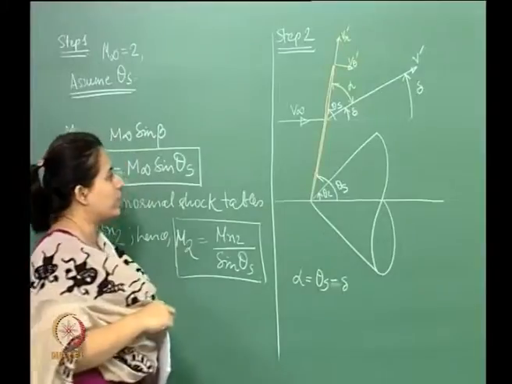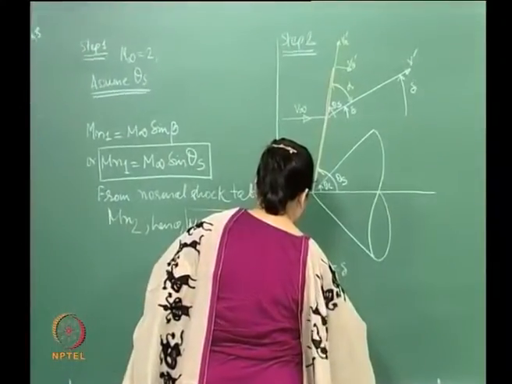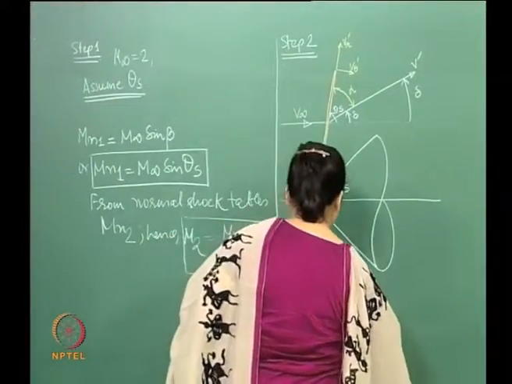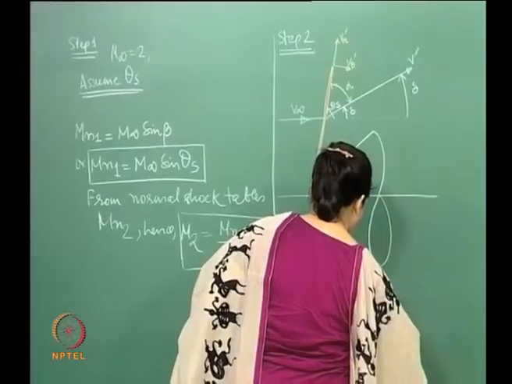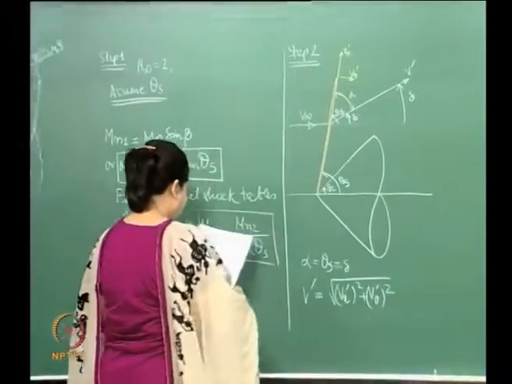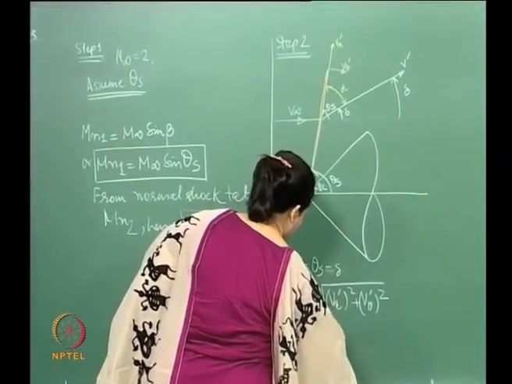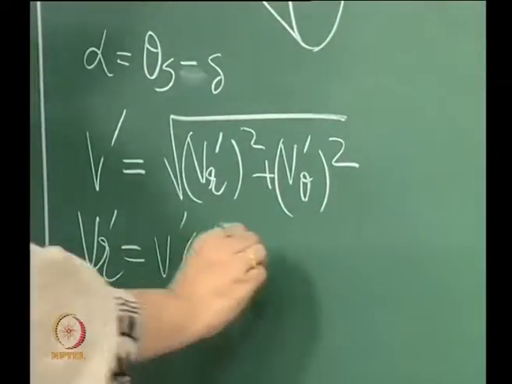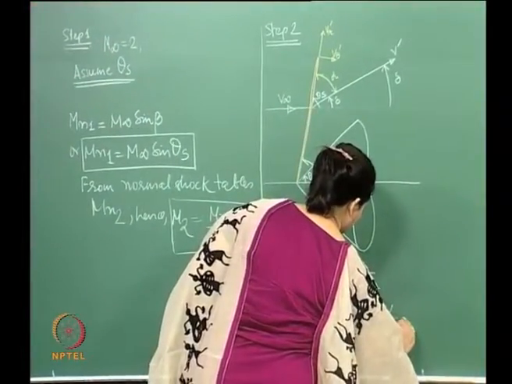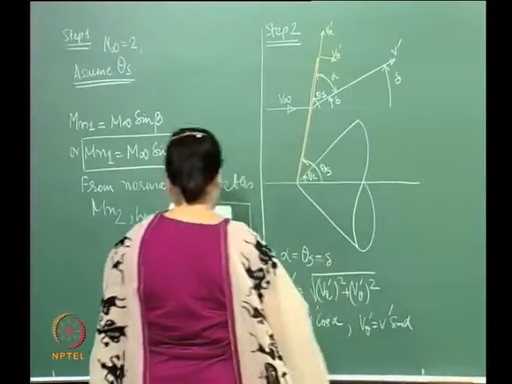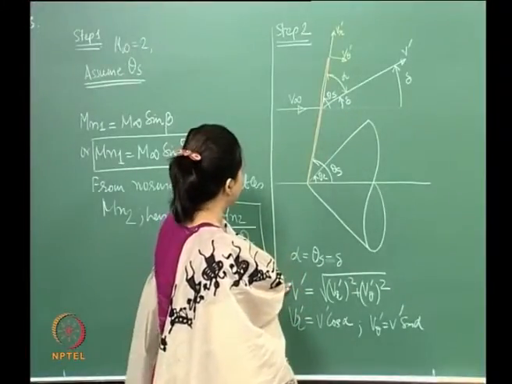Again, V dash is equal to this, and V r dash is V dash cos alpha and V theta dash is V dash sin alpha.